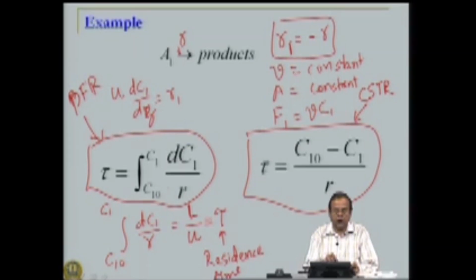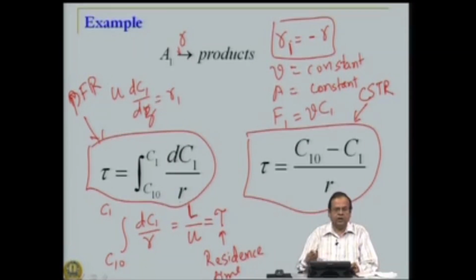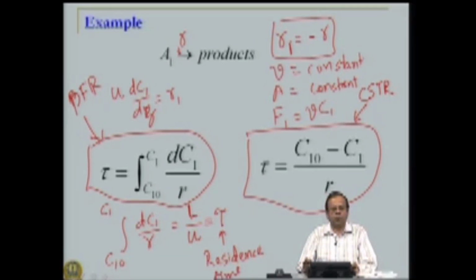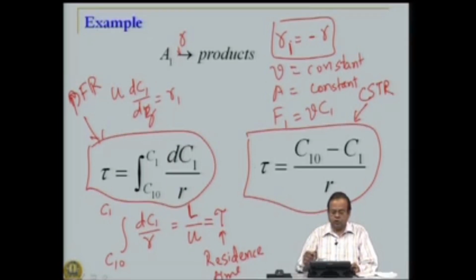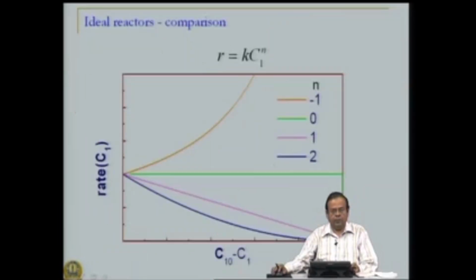But let us look at how we compare this. Of course, one can put in some kinetics, compute some numbers and so on, but let us try to first get a feel in a graphical way of how these two reactors can be compared.